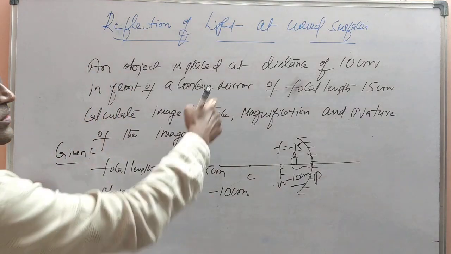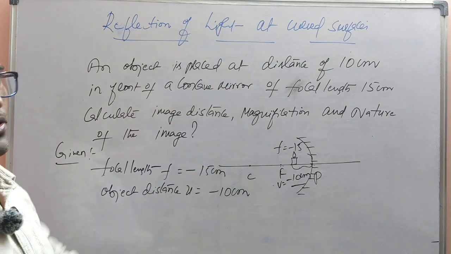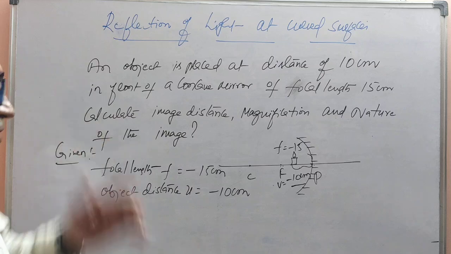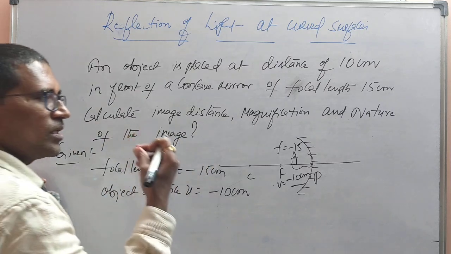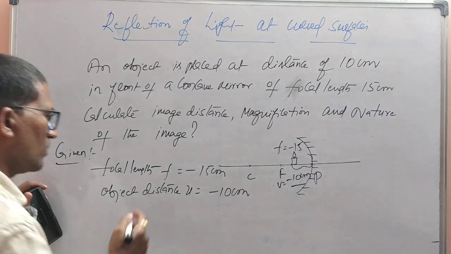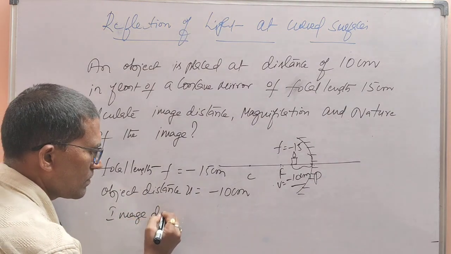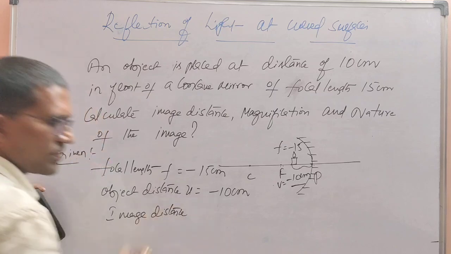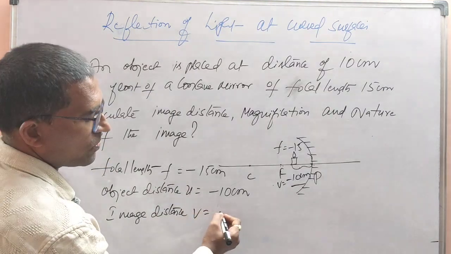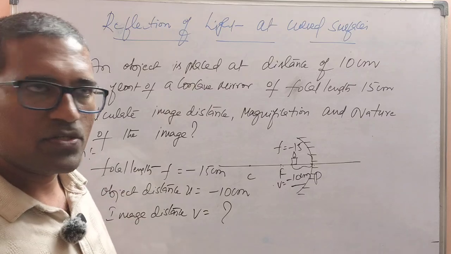Now we have to find out initially the image distance, after that magnification, then nature of the image. If you know the image distance, then you'll get a basic idea what type of image it is. Now listen, image distance v is equal to how much? We are going to calculate this image distance.